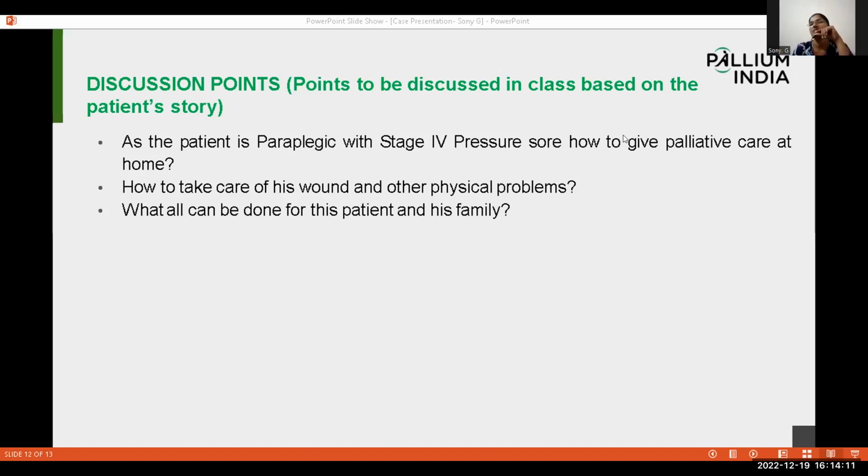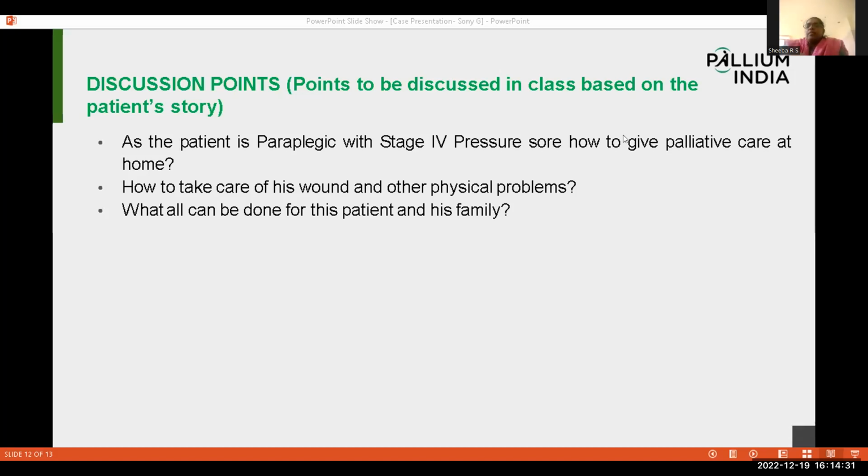Actually, for stage 4 wound management, it is better to do skin grafting, and if flap surgery is possible, that is the better option for a stage 4 pressure ulcer.